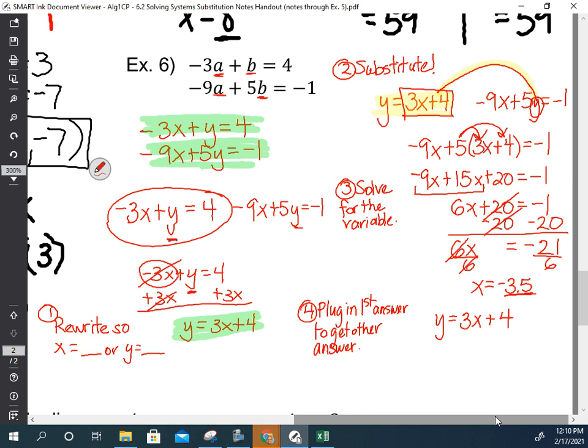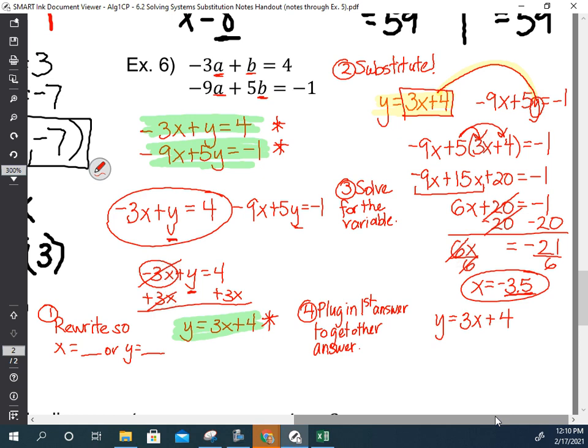So after you get negative 3.5, after you get the first answer, then you go back to either one of the two problems that you started with, or the problem that you rewrote, and you plug it in. So take negative 3.5 and plug it in for x.